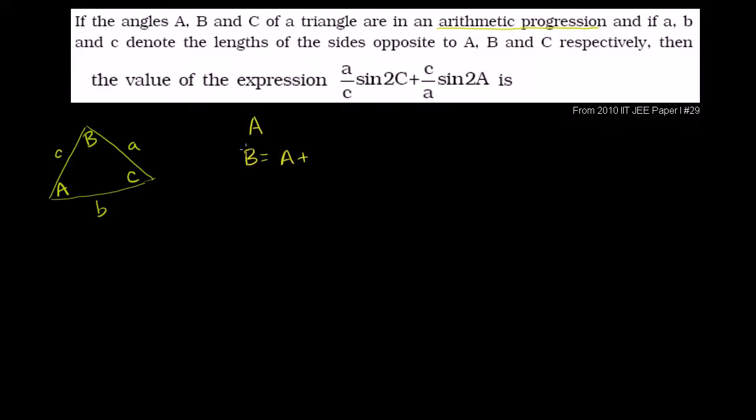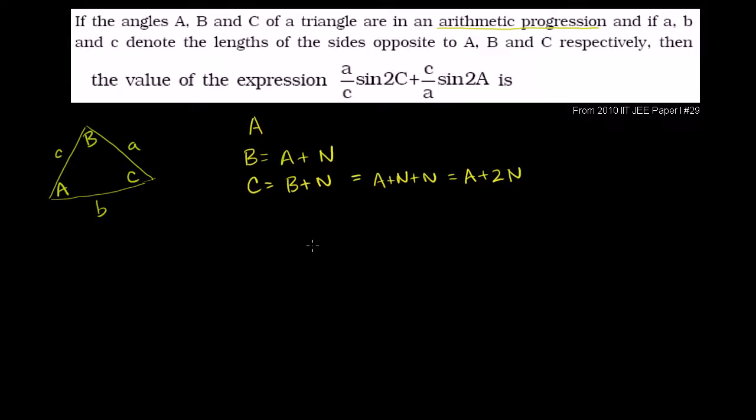We don't know what that is. It could go up by 1, by 2, by 10. So A plus n. And then C would be equal to B plus n, which is A plus n plus n, which is equal to A plus 2n.